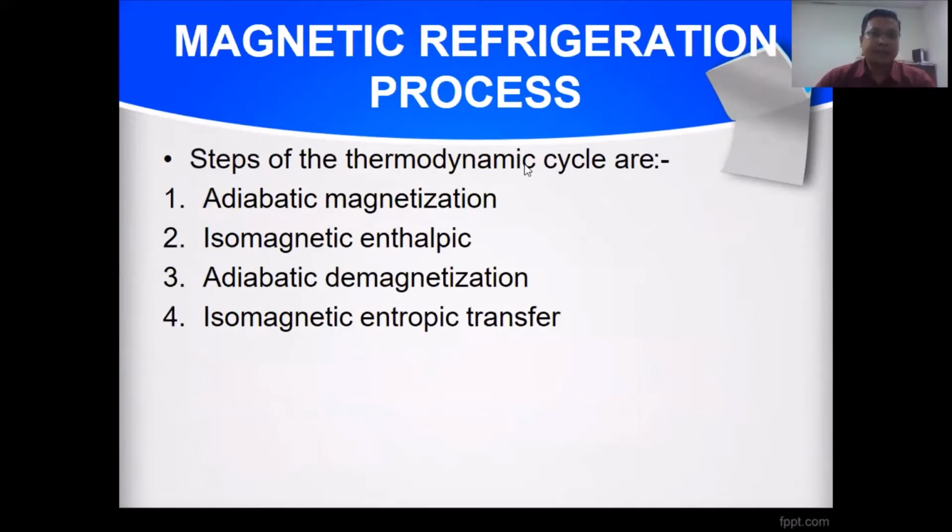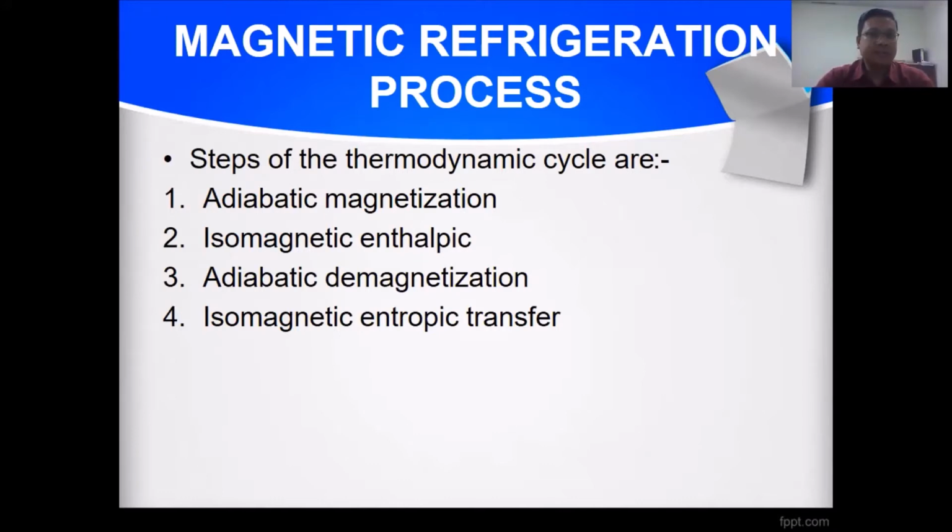Okay, the magnetic refrigeration process also has 4 steps. This is similar to the conventional refrigeration system, where we also have 4 steps, because we still use refrigerant to transfer the thermal energy. That's why we have similar steps to the conventional refrigeration system.